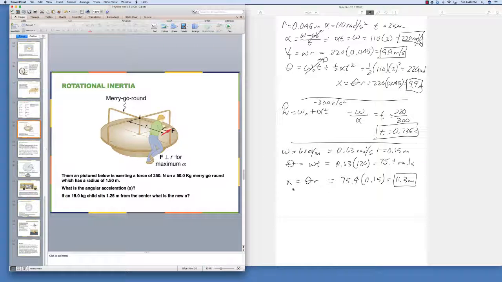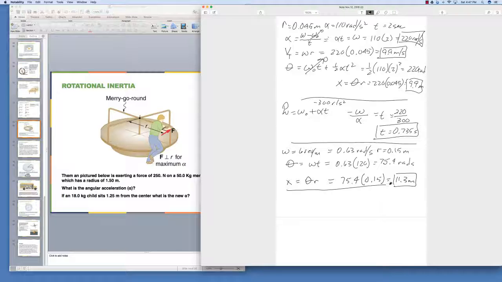So the first problem, first of all, again, we write down what we know. Force is 250 newtons. The mass of the merry-go-round is 50 kilograms. And R is equal to 1.50 meters.